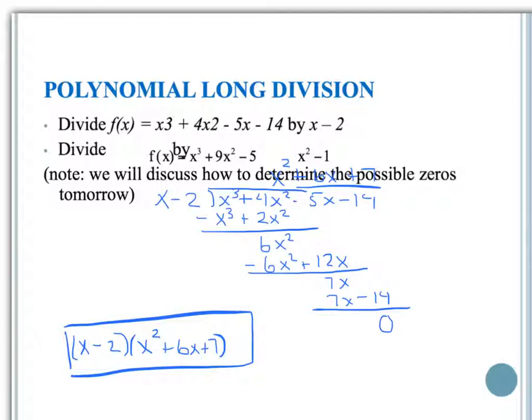Okay, so if we have the x squared minus 1, and then I'm dividing into x to the third plus 9x.